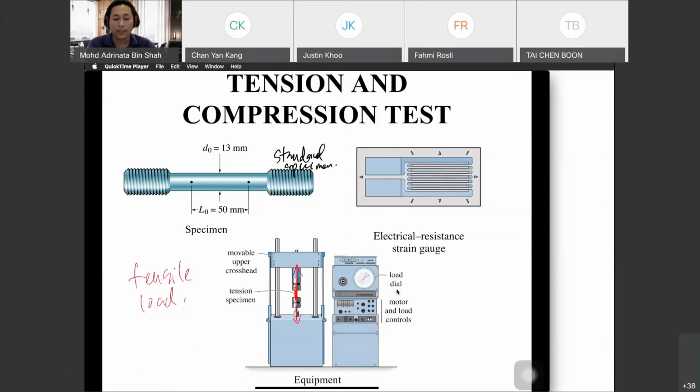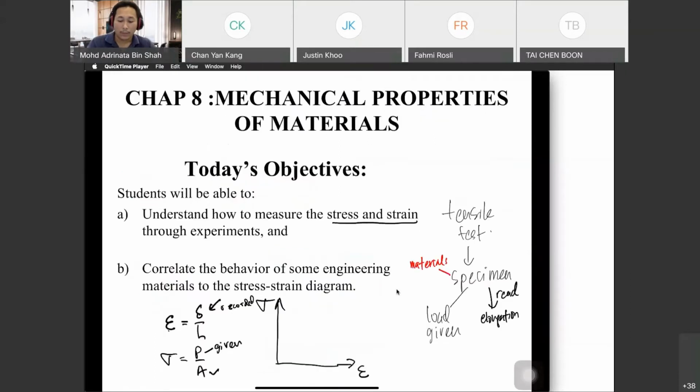The specimen has a diameter of 15 millimeter and a length of 50 mm. So we know the area of that specimen, and we can get our stress and strain.